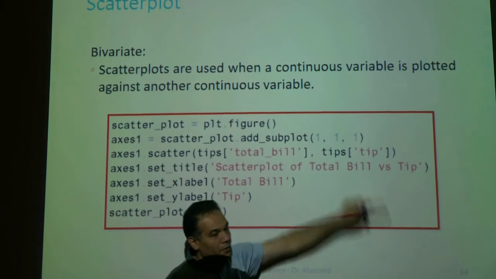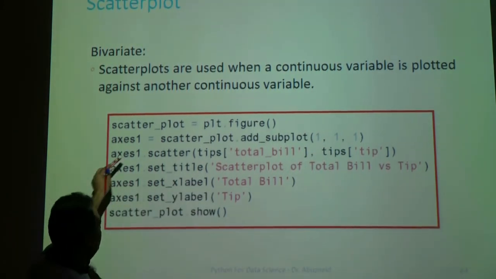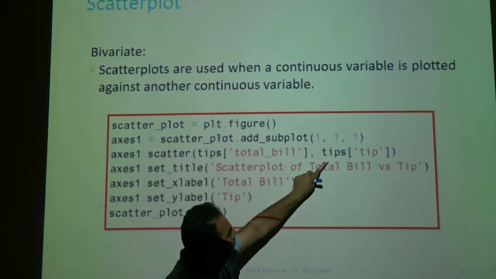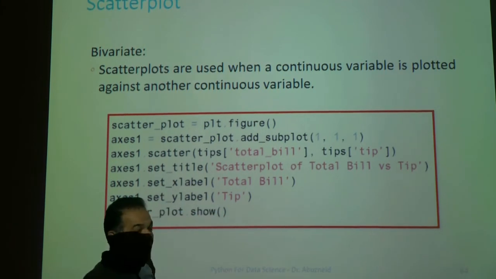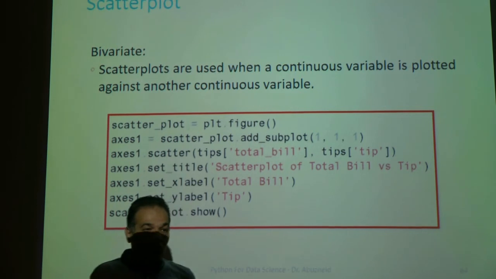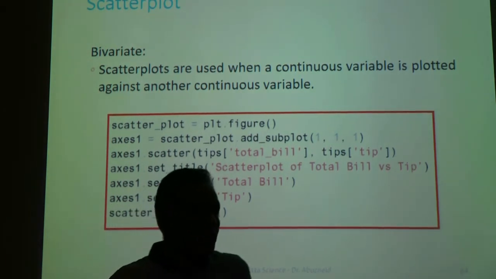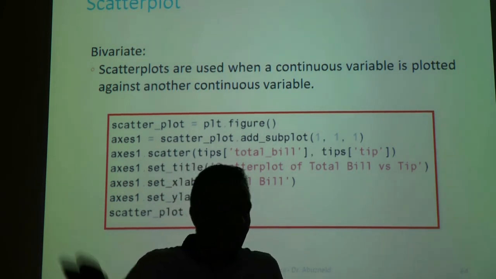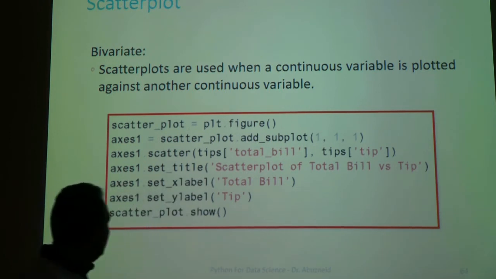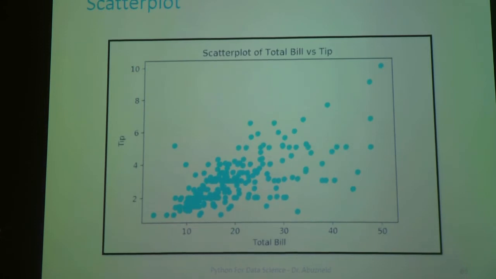Again, we have 1 by 1. Then I have one location, and then a scatter of tips total bill, and then I have tip. So I want to see what the relationship is between the total bill and the tip. Of course, when the total bill increases, the tip will increase, so it's expected to be like that, right? Okay? And then you have the title, the X label, Y label, like this.